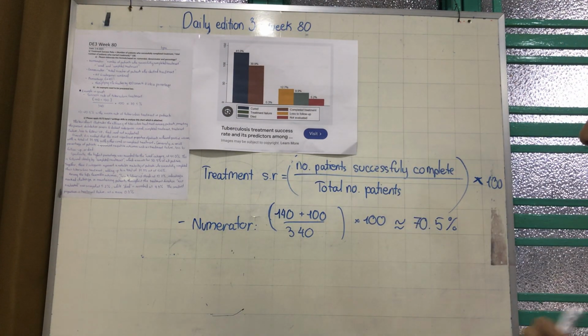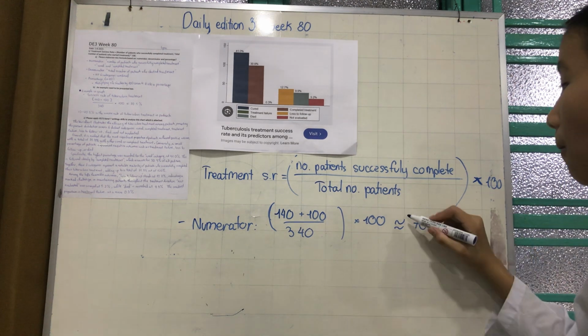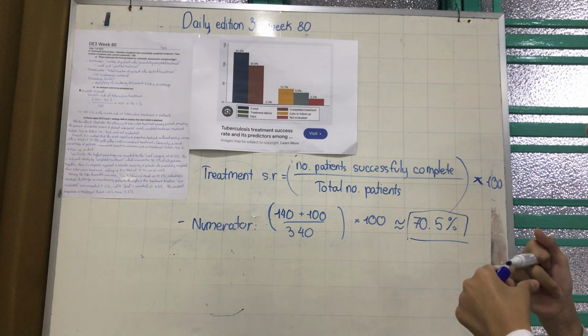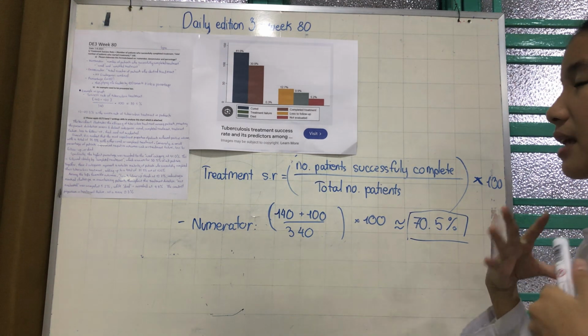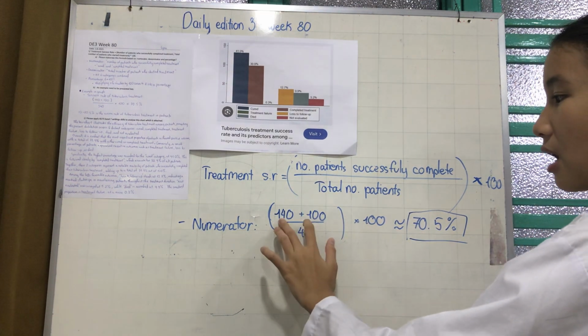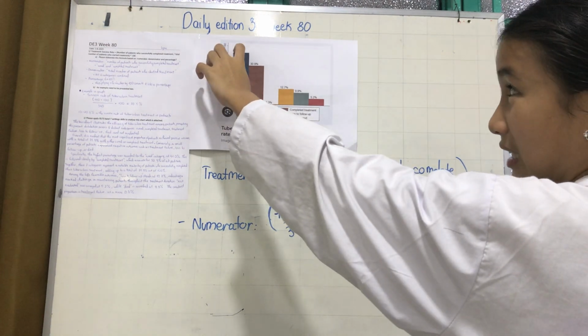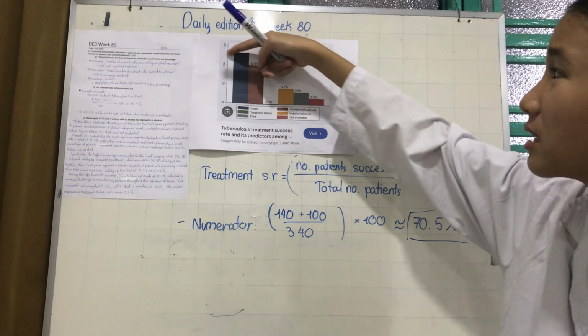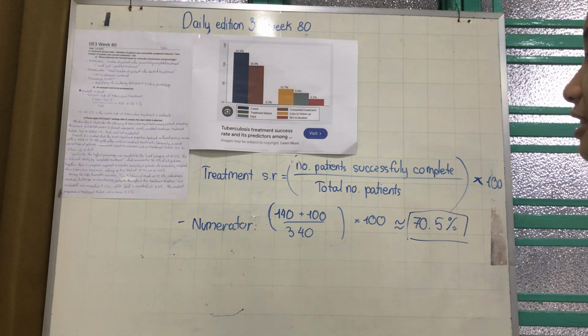Let's check for reasonableness. So I estimate it to be around 70.5%. Now, my measurement isn't exactly correct because I use my eye to estimate the number of patients in each category.